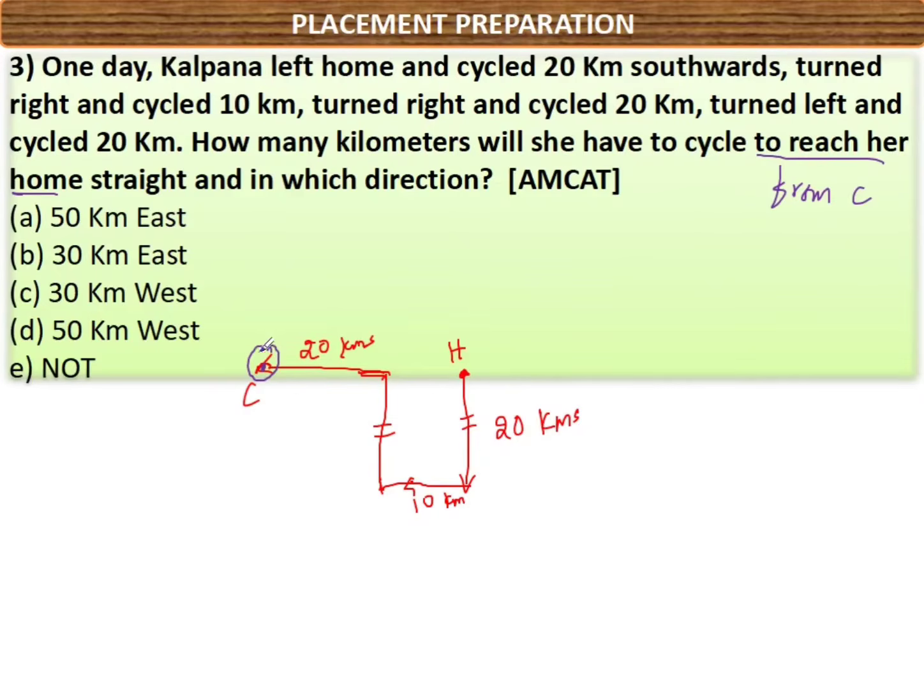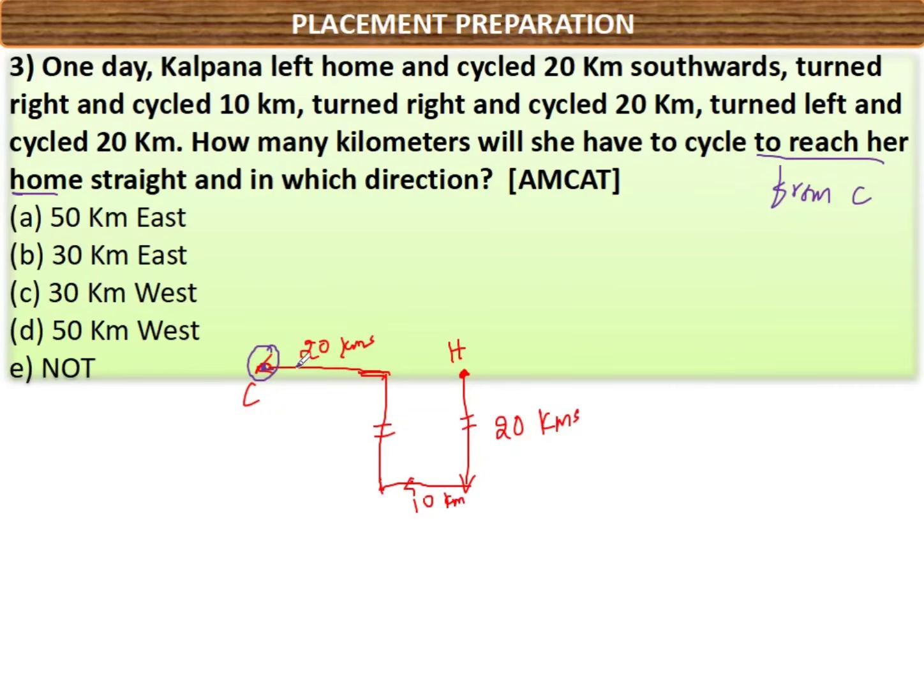Clear? So this will act as origin. I will repeat: she will go back to her home from her current position. Her current position is this C. That means she will start from C here. So we have to see the direction from C.